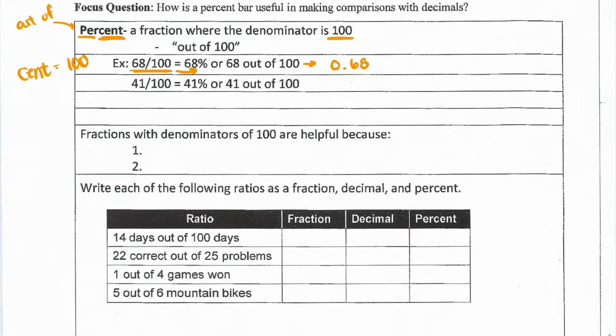It's actually a pretty nice system we have going here. So 41 hundredths, the same thing. 41 out of 100. Remember, if your denominator is 100, you can always write the percentage really quick, right? So 41 over 100 means that's 41%, or 41 out of 100. I can also change that into a decimal. 41 hundredths is written like this, 0.41.